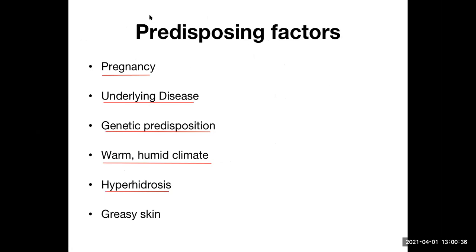If somebody is sweating a lot, and the skin is greasy, then there is a high chance of development of this type of fungal infection. So this is Tinea Versicolor. Basically, the important point here is excessive sweating, and that area being moist all the time.